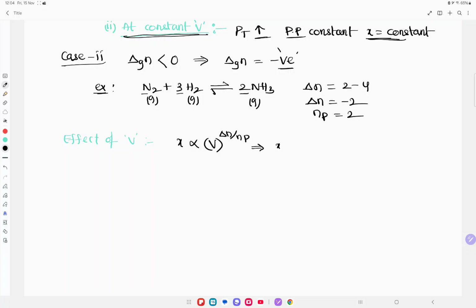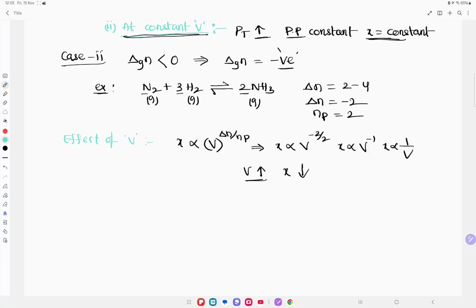It implies X is proportional to V power minus 2 by 2, that is V power minus 1, so X is inversely proportional to volume. What does it mean? When volume increases for this type of reaction, the number of reactant molecules dissociated will decrease.